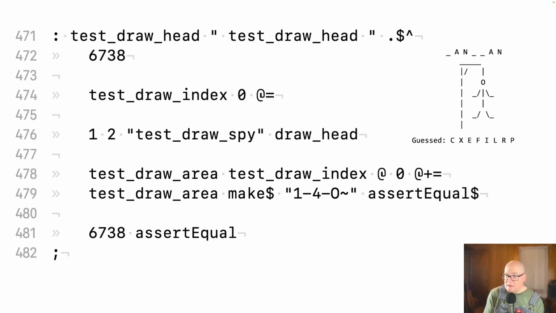So it'll be the row that the head is in, and the column that the first hand is in. Okay, and so each routine will take that address and the routine to use to draw it, and then draw head is supposed to do the drawing. Write a 0 at the end of the string, and then we call 479, we call test draw area make $, turns that area into the string, which should be 140, and make sure that it is equal to that.